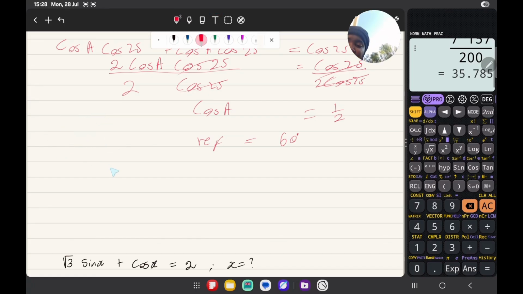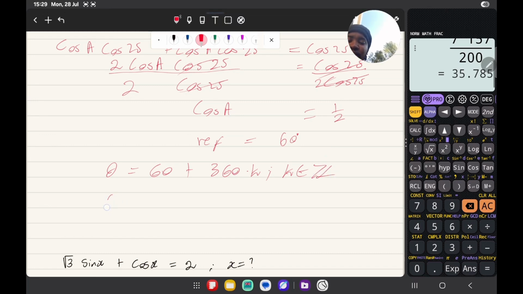And then, therefore, in the first quadrant, you have theta equals 60 plus 360k, where k is an element of integers.